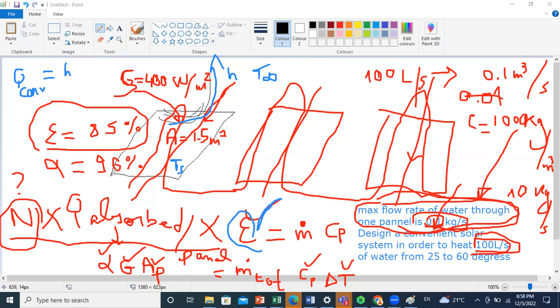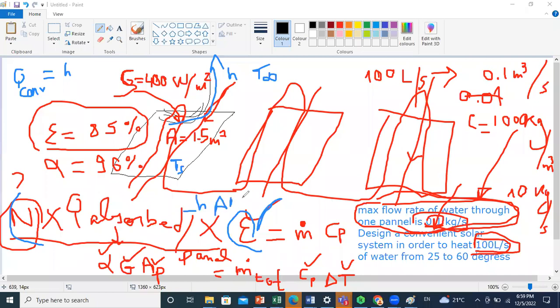In general, when I give the efficiency of a system, once I take a certain energy, what is the amount I will give to water? So this should be multiplied by the net energy taken by your system. So you should do N times Q absorbed minus H A delta T.